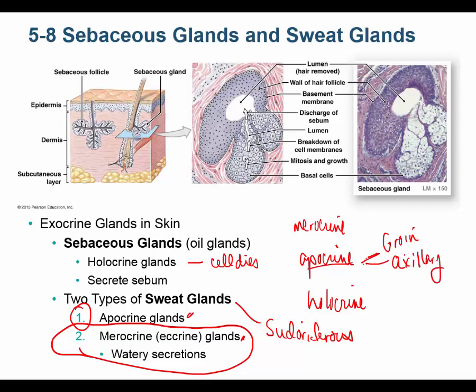And the apocrine sweat in the groin and the axilla has some substance that bacteria love to eat. So bacteria grow very well on groin and axillary sweat, and that gives the scent to it. So that's why your body odor usually comes from groin and axillary sweat. All right, so that's the sebaceous glands and the sweat glands.